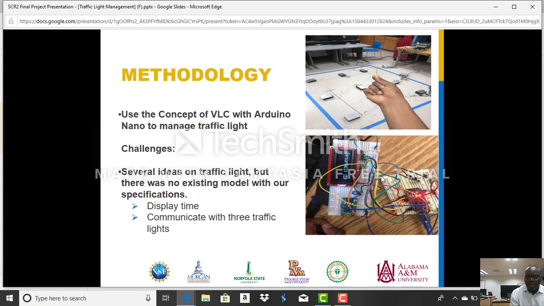For example, we have to display time. None of these models that we saw had the time being displayed. The other thing is, for our system, we have to have 3 different traffic lights between 3 different LEDs, and each one of them has to have its time being displayed. Again, this is something that we did not find in any of the readings that we did.